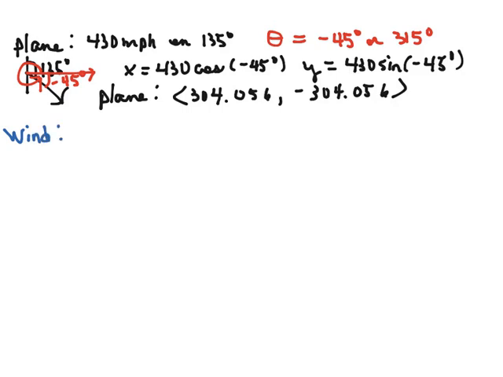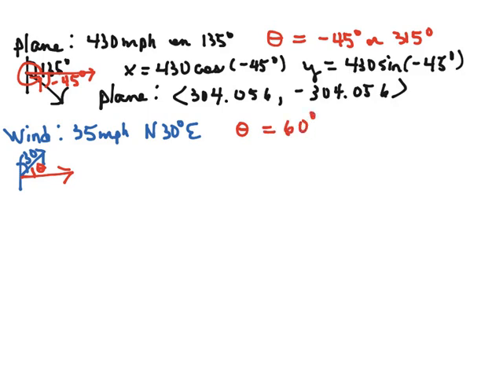And what we know about the wind is it's blowing 35 miles per hour in the direction of north 30 degrees east. So north, turn 30 degrees to the east. If we think of this as a normal angle in standard position, theta would have to be 60 degrees, because 90 minus 30 is 60.